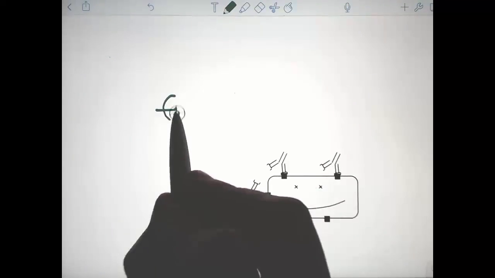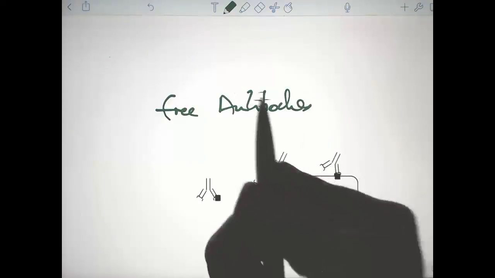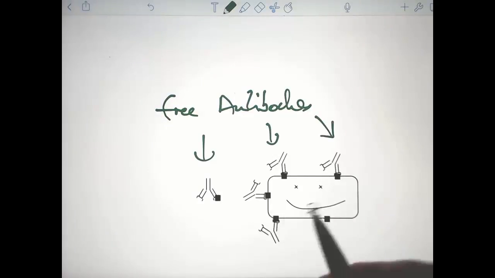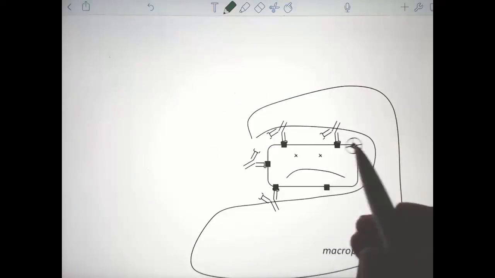These free antibodies are released into the extracellular fluid in the blood, and wherever they bump into that molecule on a bacterium, they bind.